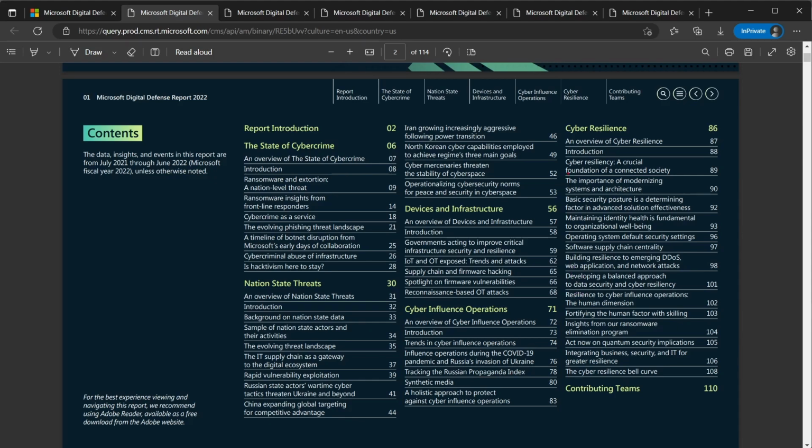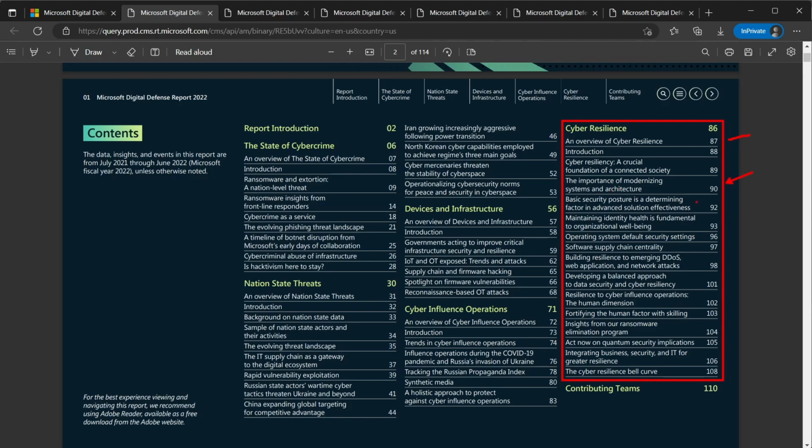And lastly, cyber resilience, because that's top of mind for all organizations currently, right? So what are the most seen threats for organizations? What is cyber resilience really? What does it mean to be connected currently? What has the remote work impact been on the modernizing of systems and architecture?